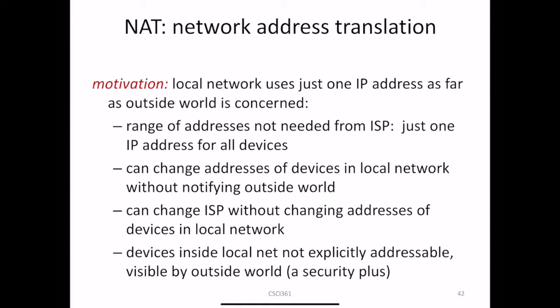Through this NAT function, we can achieve these things. The first one is that a range of addresses is not needed from the Internet service provider. Just one IP address for all devices in your home, because from the outside we only need one IP address.